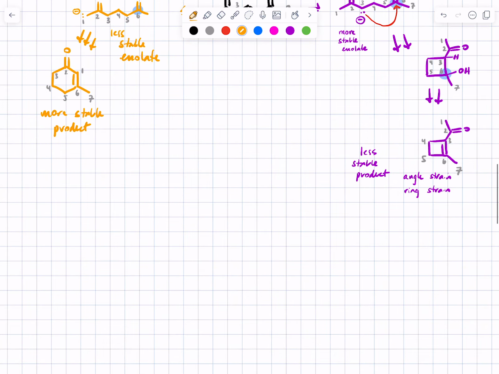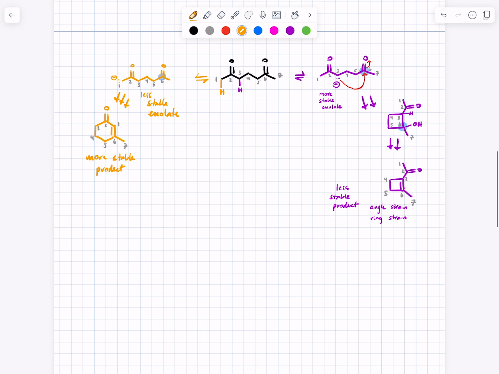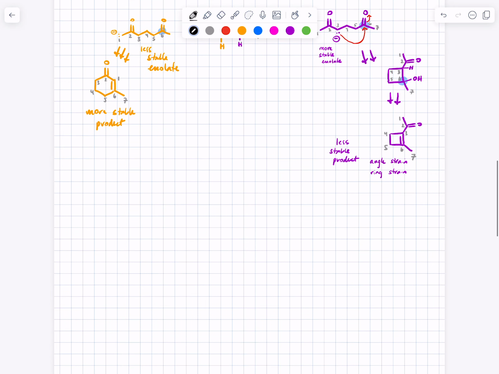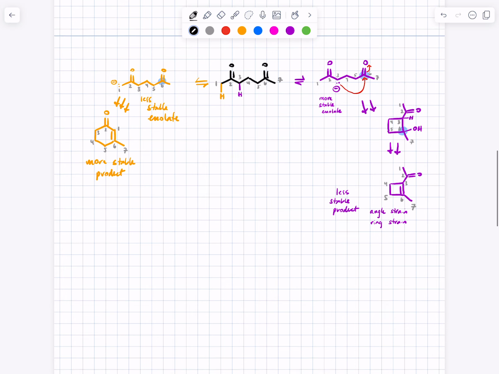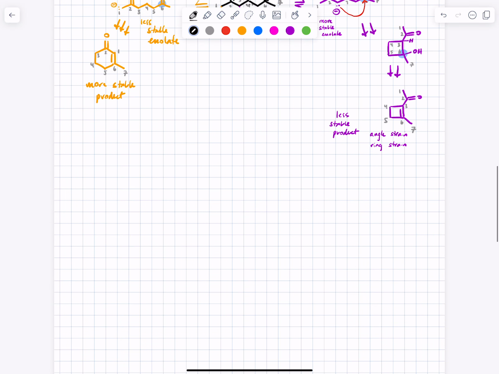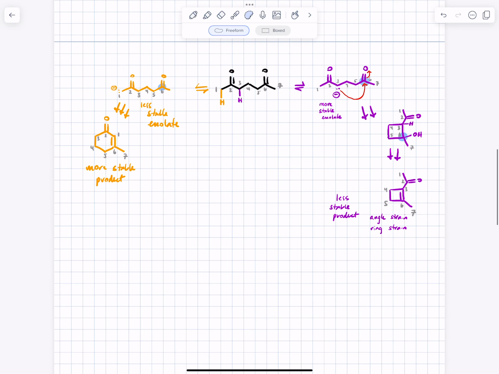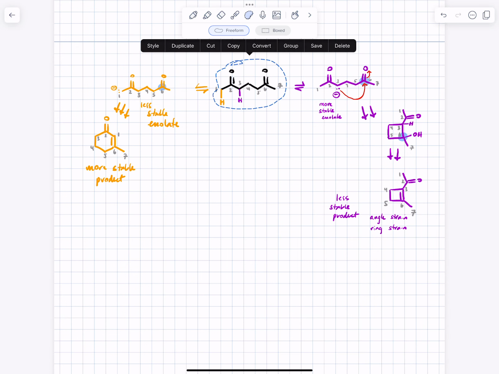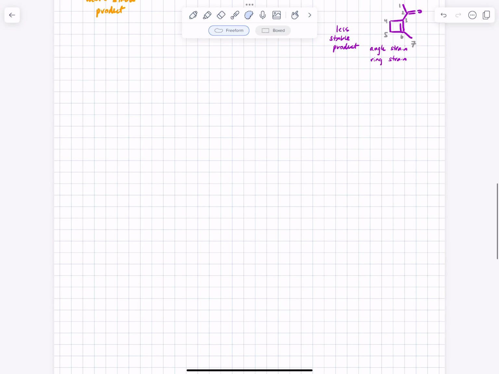And I'll make that point with an energy diagram that we can draw. We'll put the aldol starting material here.